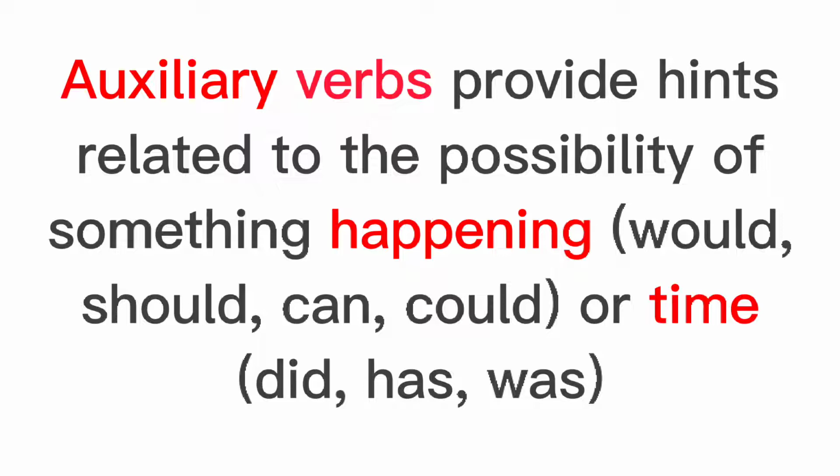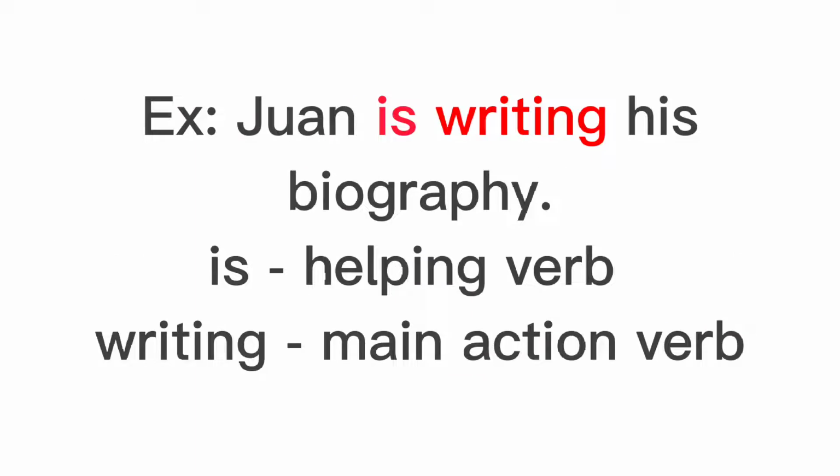Auxiliary verbs provide hints related to the possibility of something happening, as in would, should, can, could, or time, as in did, has, was, etc. When you add auxiliary verbs, you create verb phrases.